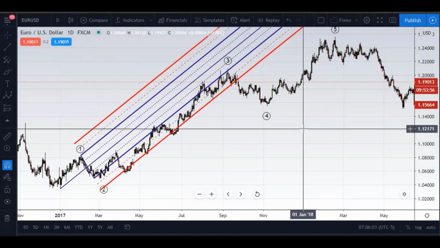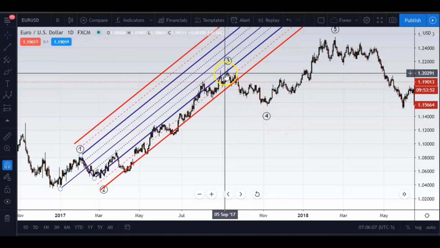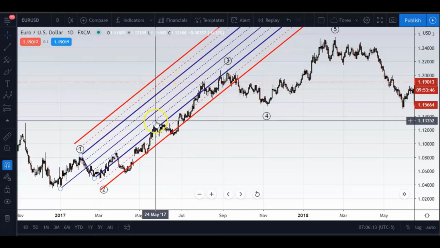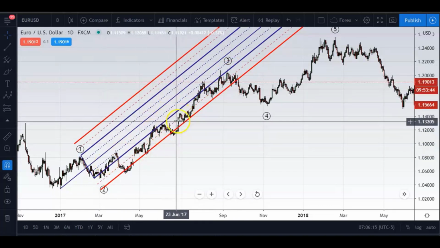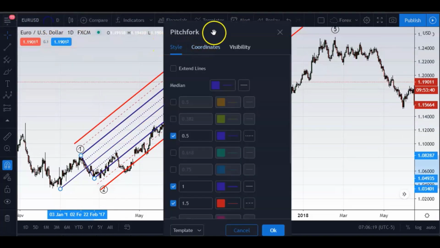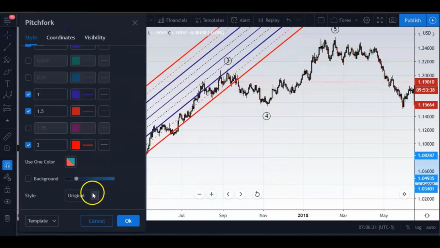And for me, yes, there's probably some use in this, by figuring out that price couldn't break through what we call this lower median line here, but it didn't really define this move to the upside.